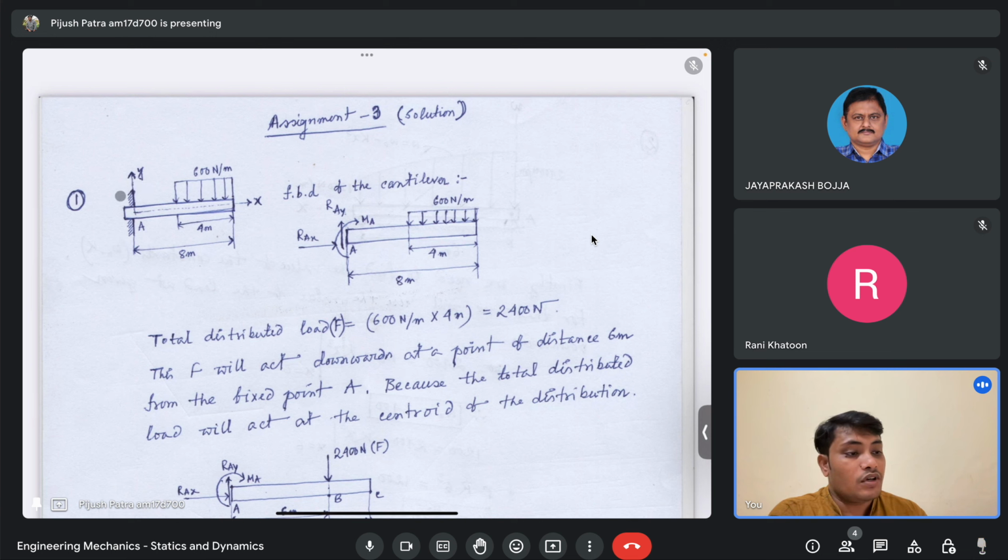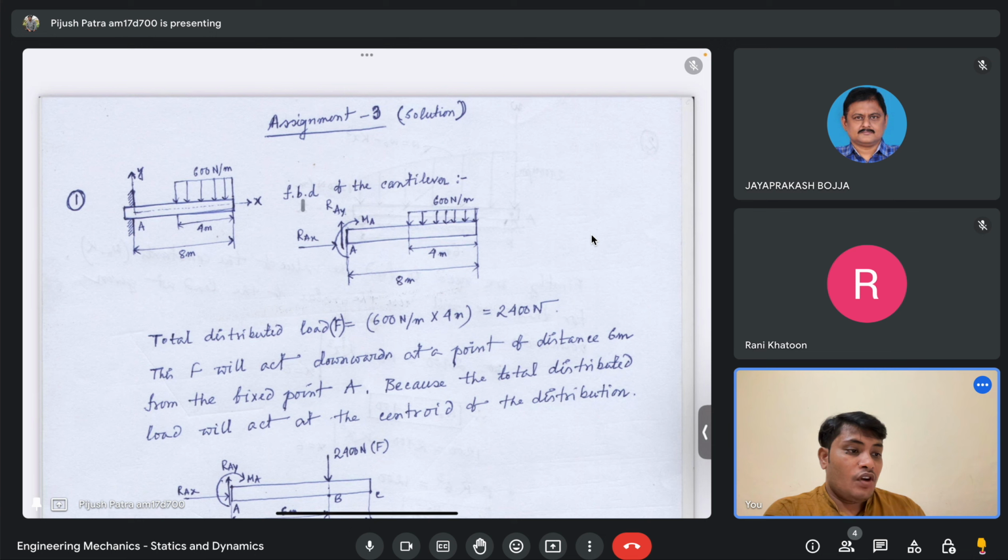You are asked to calculate the reaction force and the reaction moment at this built-in edge. So first you need to draw the free body diagram of the entire system, the free body diagram of the beam.